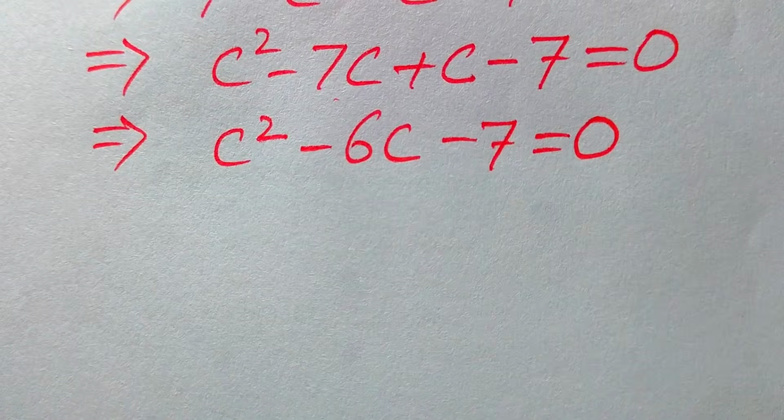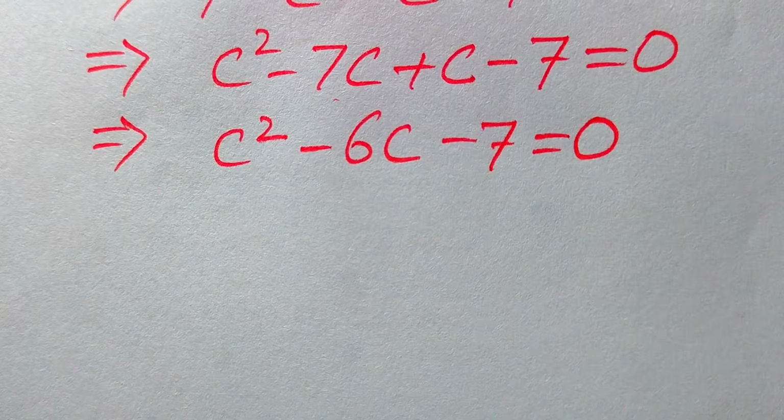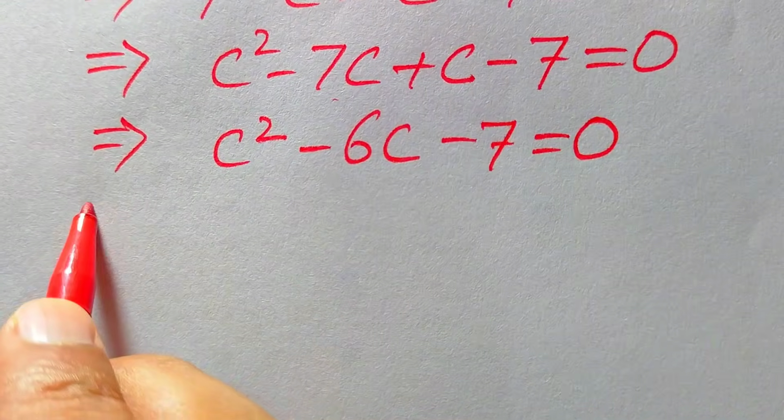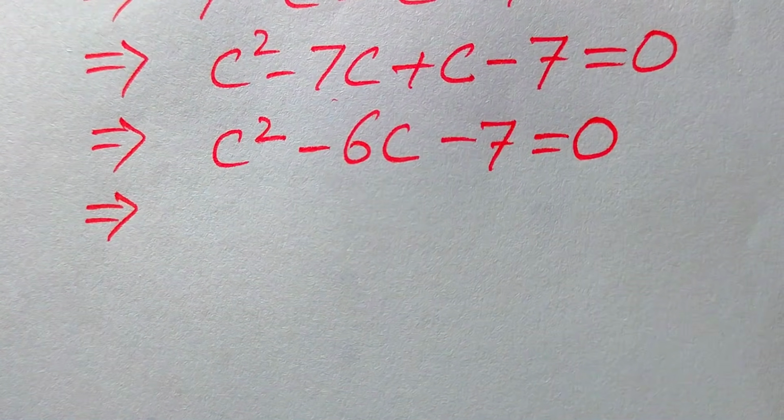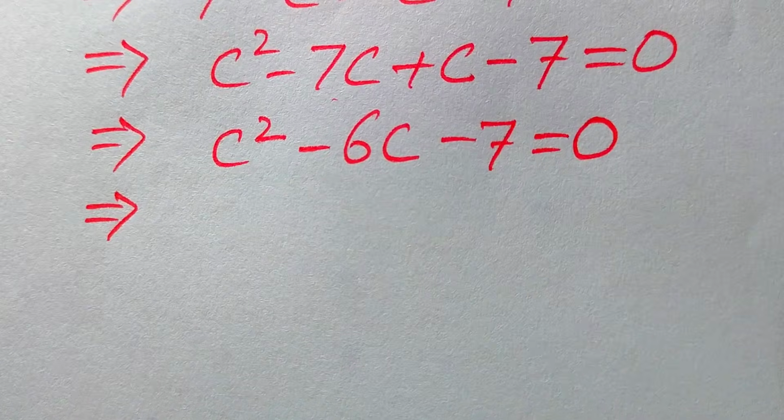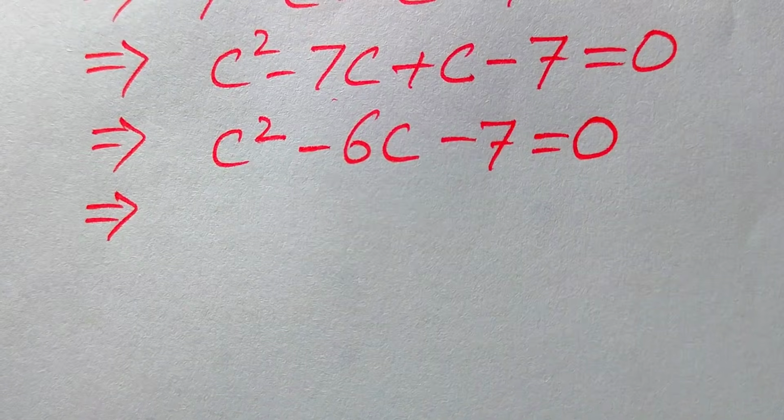So you see that after this little bit of simplification, we get our given equation into the quadratic form. You know that there are three methods to solve a quadratic equation. The first is the factorization method, the second is the completing the square method, and the third is applying the quadratic formula. Here we use the factorization technique to solve this problem for the values of c.